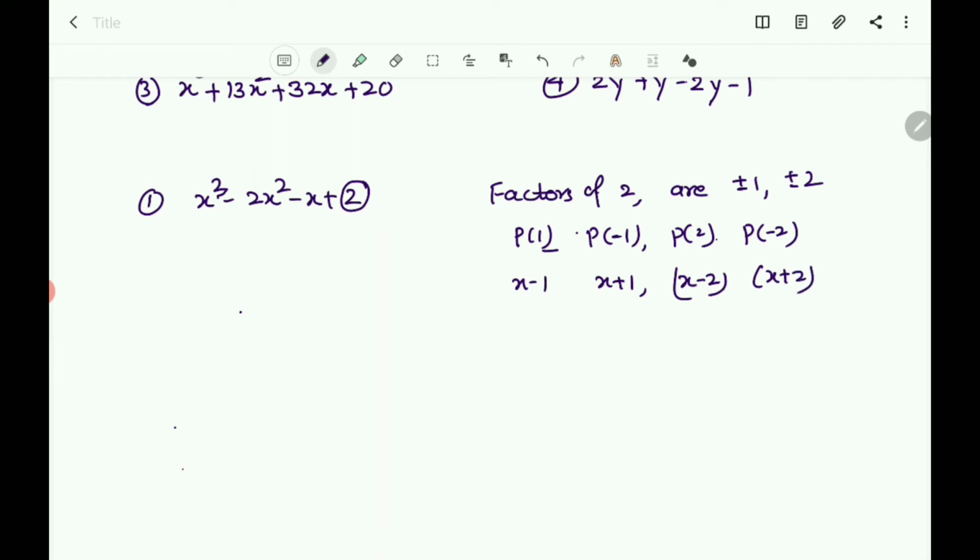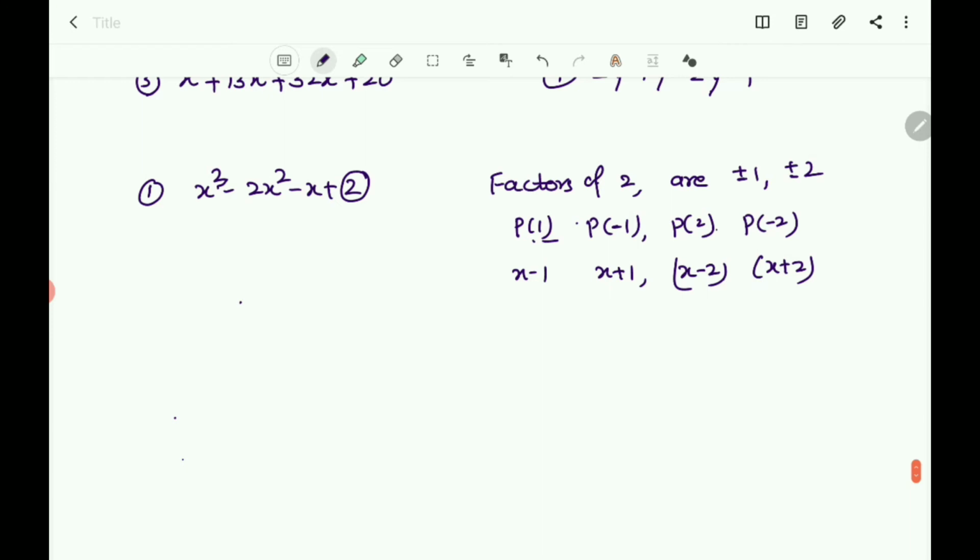Now let us verify by taking p of 1. P of 1 becomes, you put 1 in the place of x. So it becomes 1 cube minus 2 into 1 square minus 1 plus 2. You have to take this to verify.